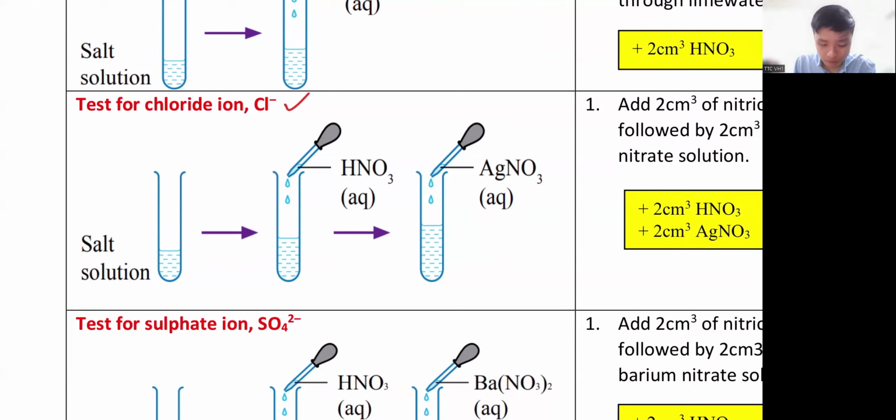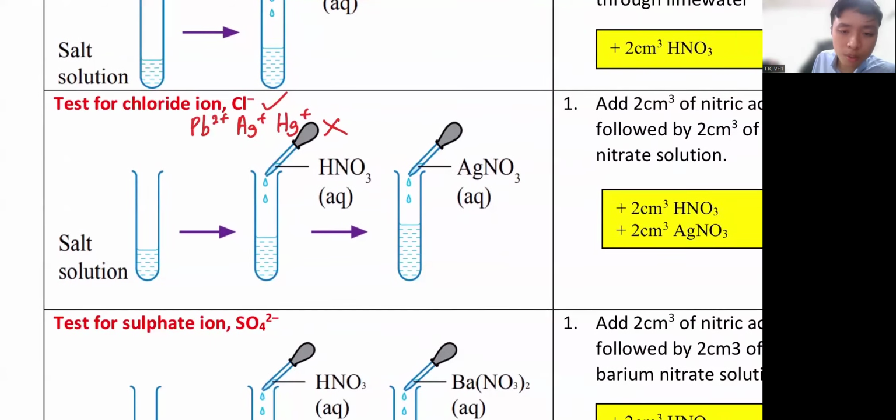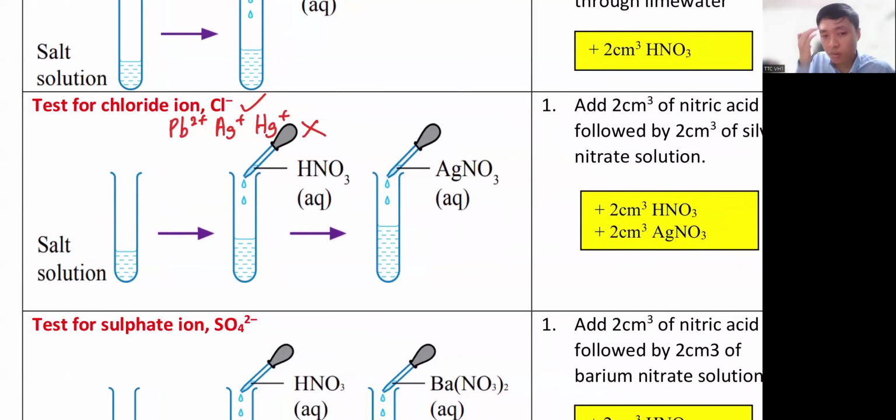The three I talk about are Pb, Ag, Hg. Those are the insoluble ones. So I use one of these to get my Cl minus ion to confirm that Cl minus is present.